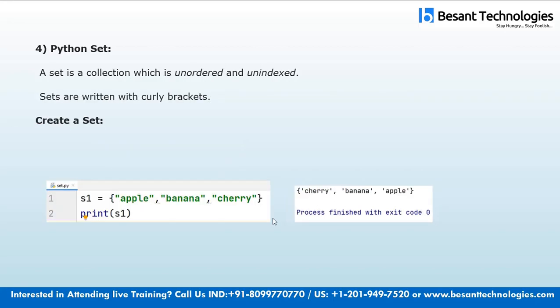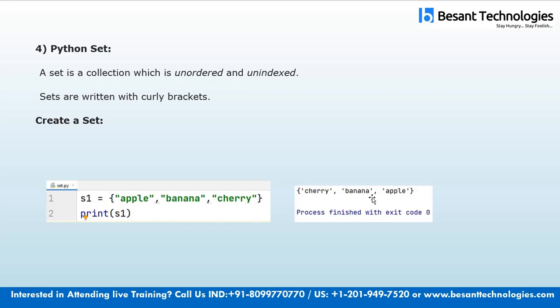Fourth one, Python set. So what is set? This is also an inbuilt data type. Set is a collection which is unordered and unindexed. Unordered means you will get outputs like this. Actually, I have given apple, banana, cherry, but this is my output: cherry, banana, apple.